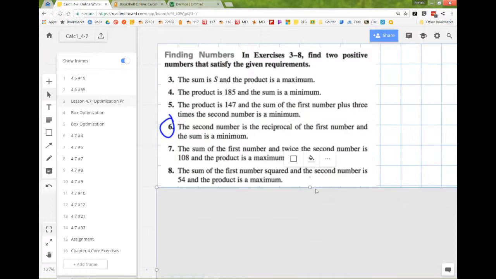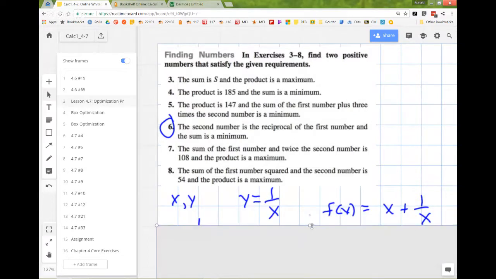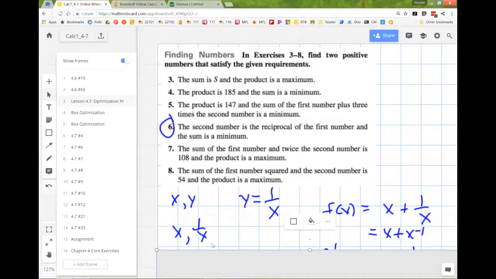Reciprocal, so if one of them is x, the other one's 1 over x. Okay. And now we've got the two numbers are x and 1 over x. All right. And their sum is a minimum. So we add them up, x plus 1 over x. Getting ready to do what? A derivative.